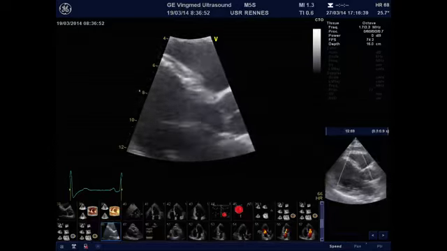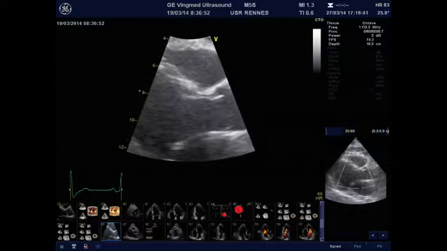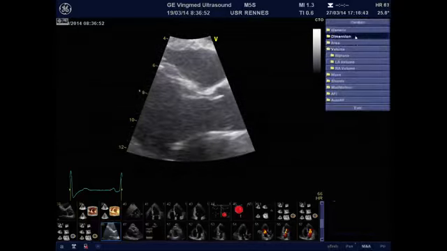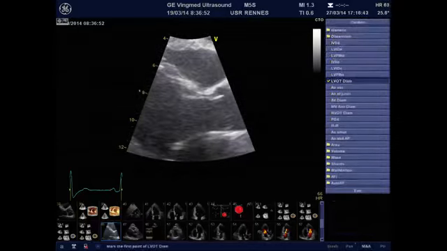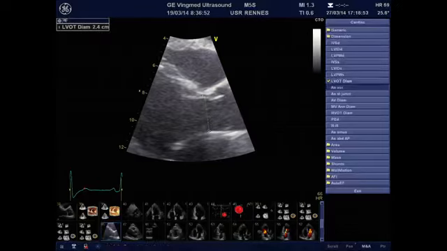Here we are. So I can stop the image and I will measure the dimension of the LVOT. We have a diameter of 24 millimeter.